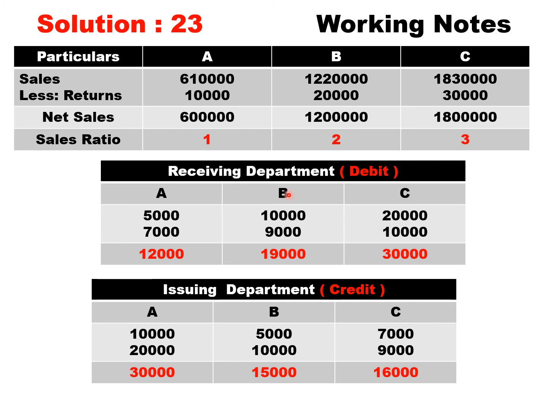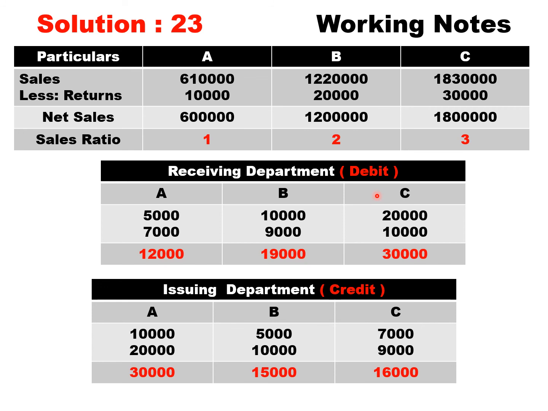You see whether 22nd problem transfers are easy or 23rd working note transfers are easy. Whichever is easy for you, you can continue. First we take all the departments that received, and second all the departments that issued. So issuing department will be credit, receiving department will be debit.